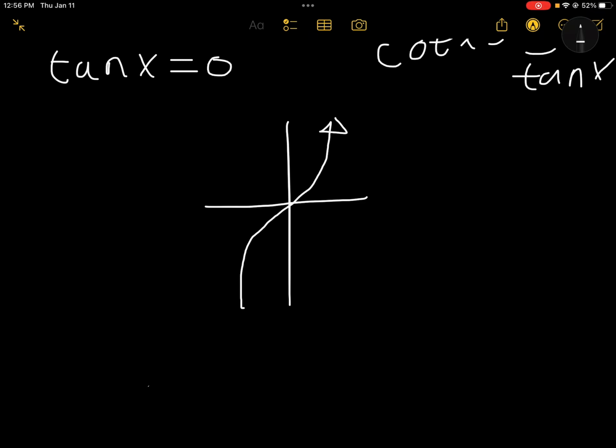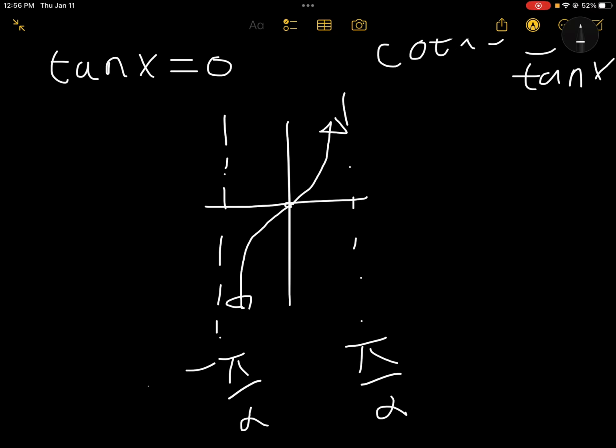right? It has a vertical asymptote at, I think, pi over 2. Right, so negative pi over 2 and pi over 2. And we're finding out when it reaches here. So x can be 0 at that one point, or it can be another point here when it intersects here.